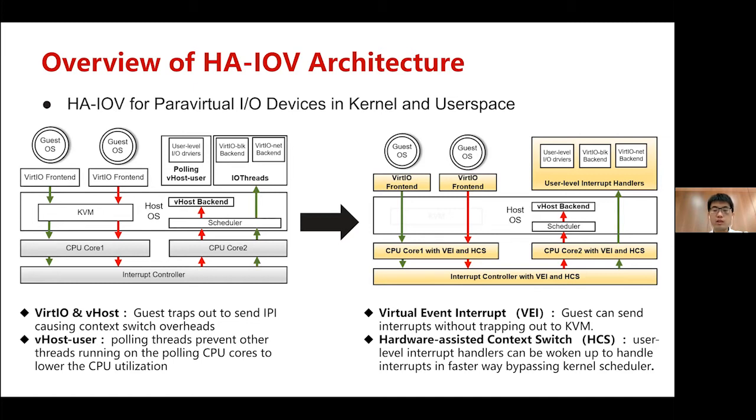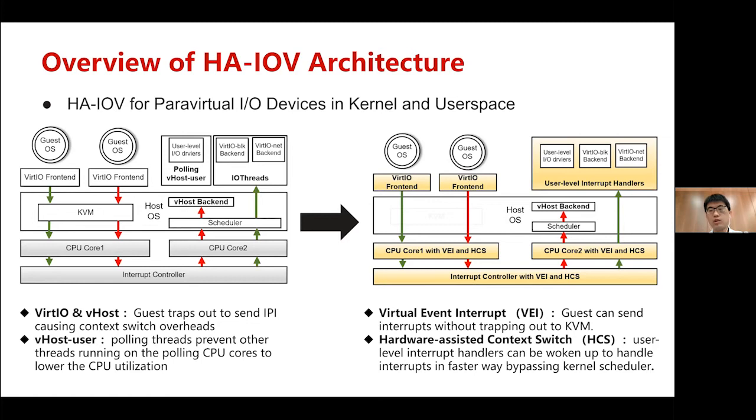For another, the user-level interrupt handler, which is for handling virtual event interrupts, can be woken up quickly by a hardware-assisted context switch mechanism. From above, HA-IOV can eliminate costly context switch between host and guest.